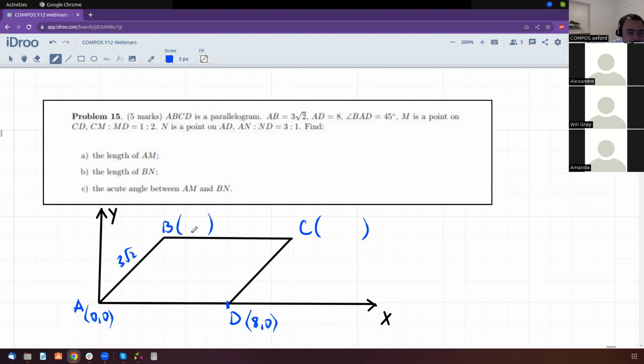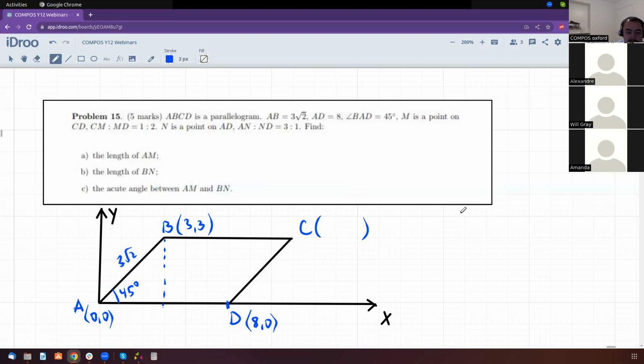Because this is 3 square root of 2, this is 45 degrees. So using trigonometry, this is 3 square root of 2 times cos 45, and it's 3.